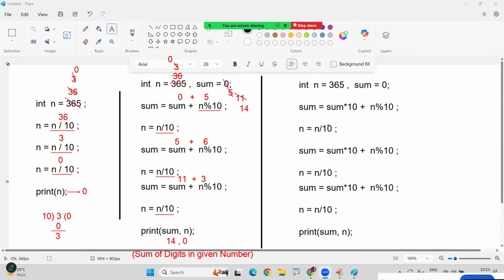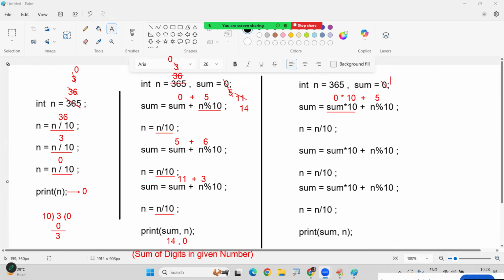Now in the same way, check the last one also. Sum into 10. Sum value is already 0. Into 10 plus, in 365 the last digit is what? 5. Look at the operation: 0 into 10, 0 plus 5 is 5.